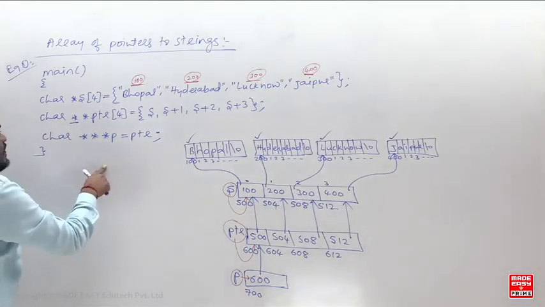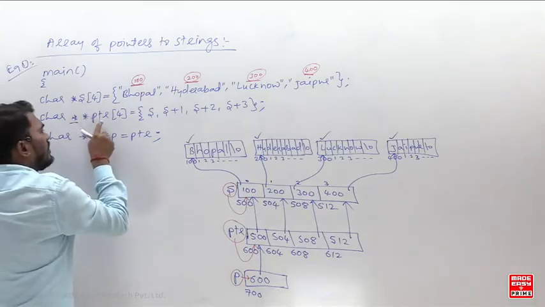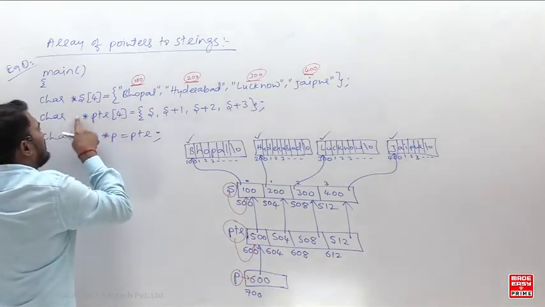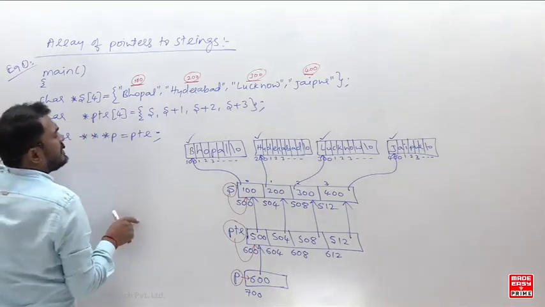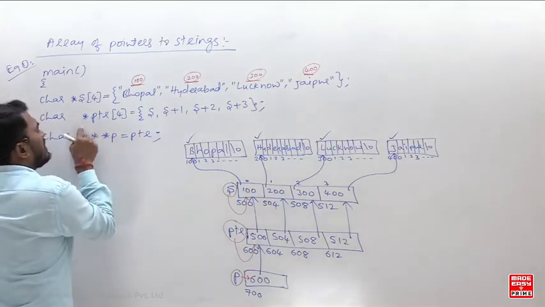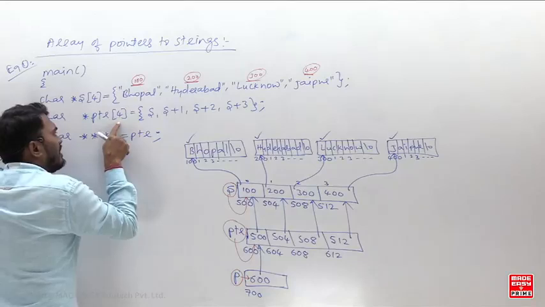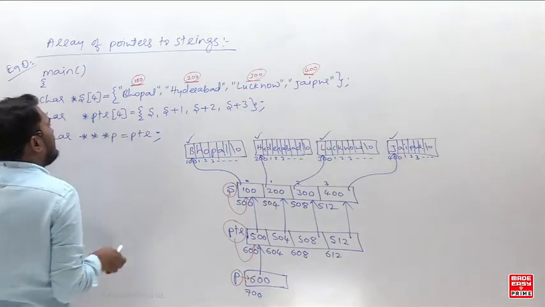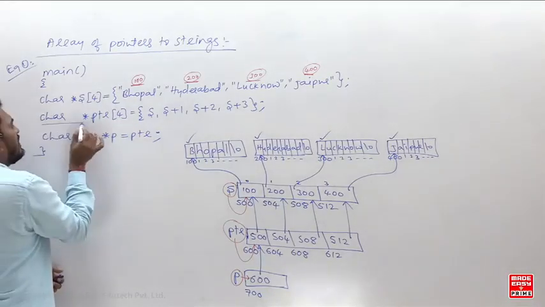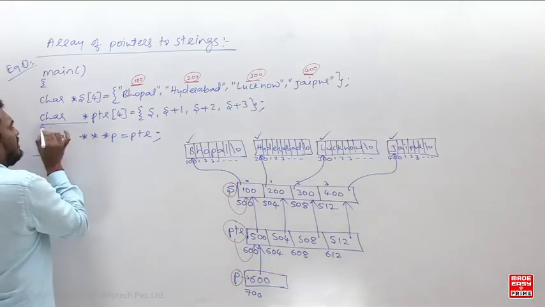Why is this not allowed? If I remove one star, what is the declaration? ptr is an array of 4 elements where every element is the address of a character.